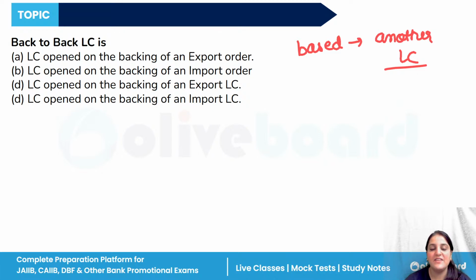So basically we can say that the correct option is option C, LC opened on the backing of an export LC. Because this allows the exporters to facilitate the purchase of goods and services from a supplier to fulfill the terms of the original export LC. Okay.